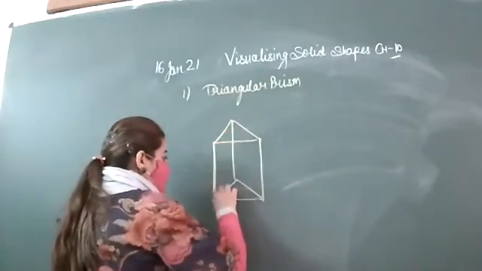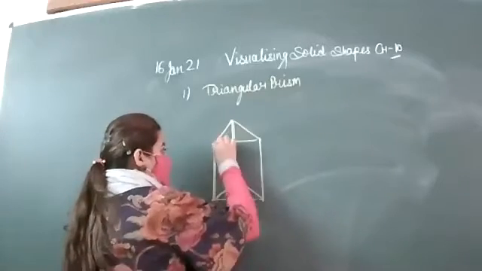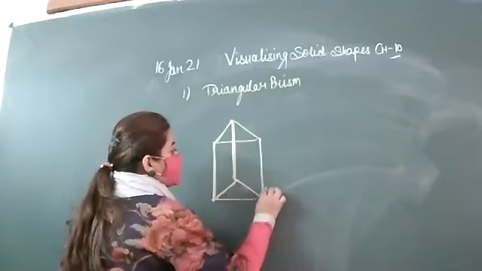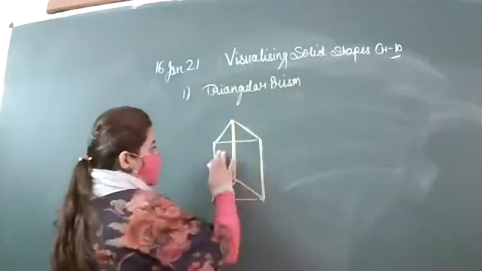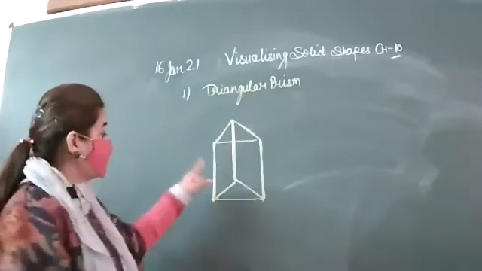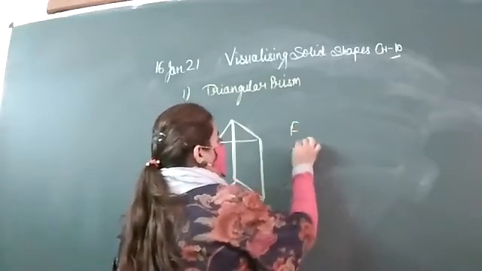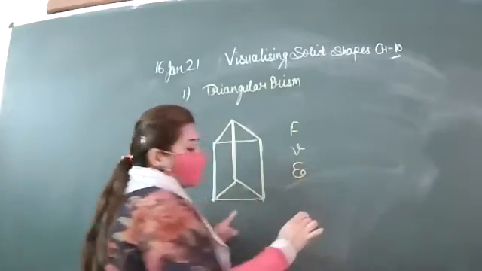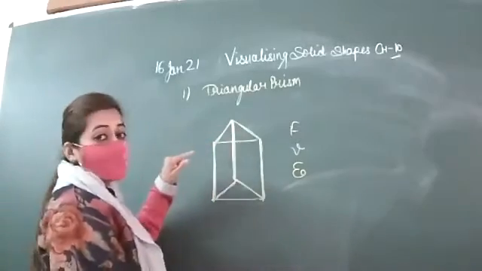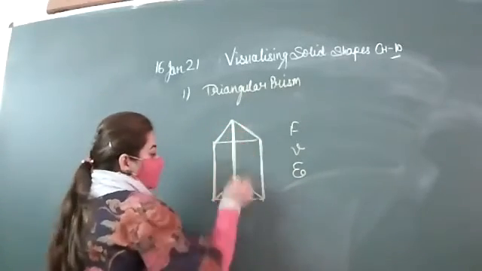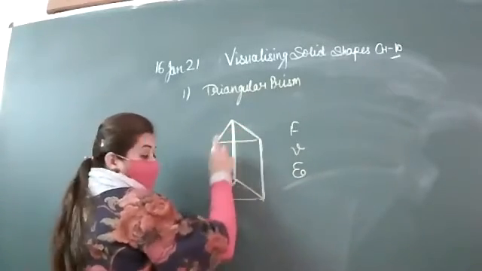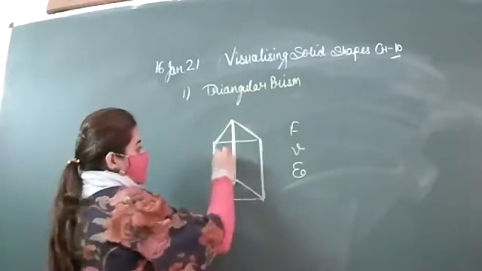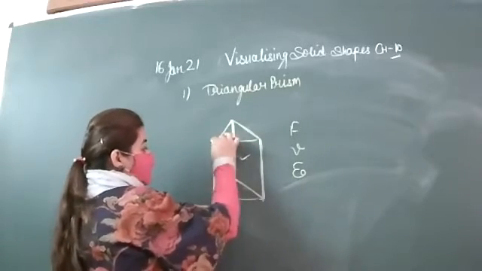And these lateral faces are your parallelograms. You can easily see these lateral faces are your parallelograms. So you can count the faces, vertices, and edges from here. Faces you can count one upper face, one bottom face, and we are having three lateral faces, 1, 2, and this side one.